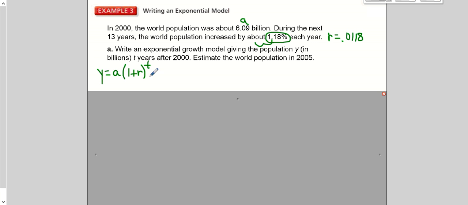What else do we need? We've got a value for R, we've got a value for A. Write an exponential growth model giving the population Y after T years. Okay, so we want Y and T to stay Y and T right now.